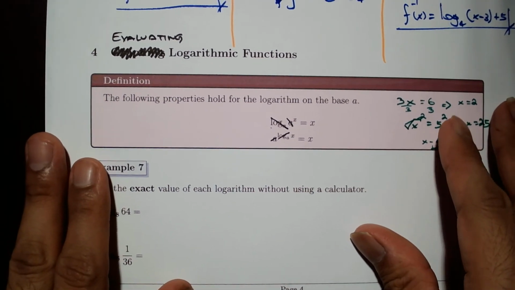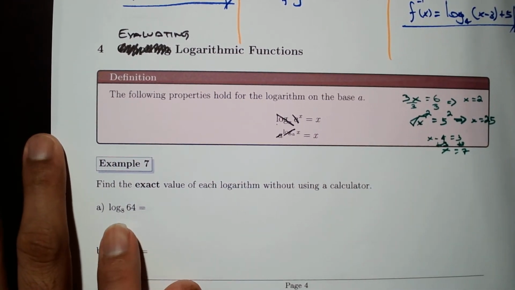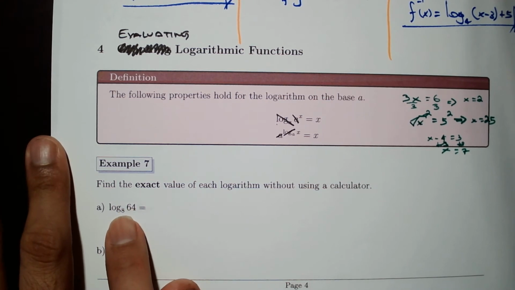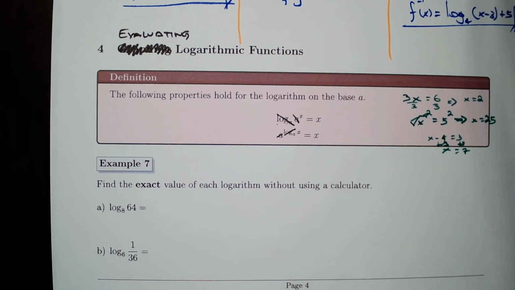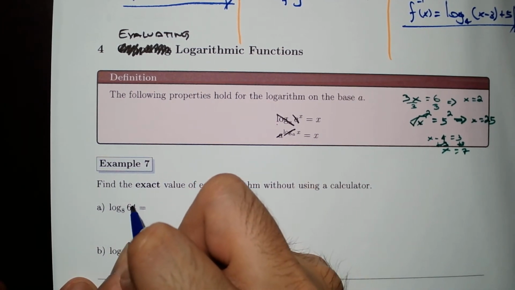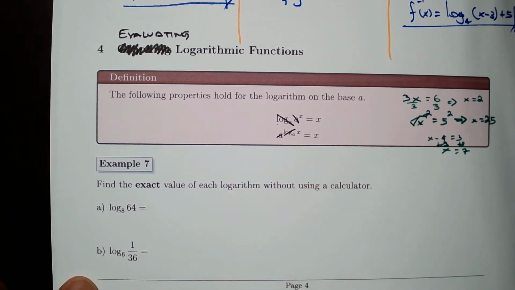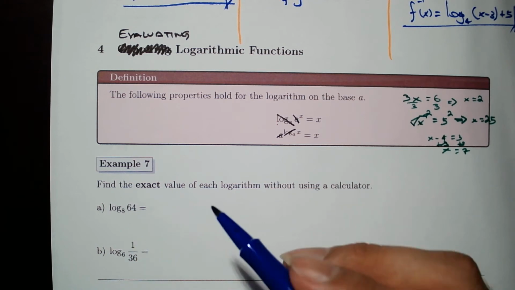All right, so when we look at the definition of log base 8 of 64, we are looking for the power of 8 that gives us 64. With a simple exercise like this, it's easy to just do it by hand.